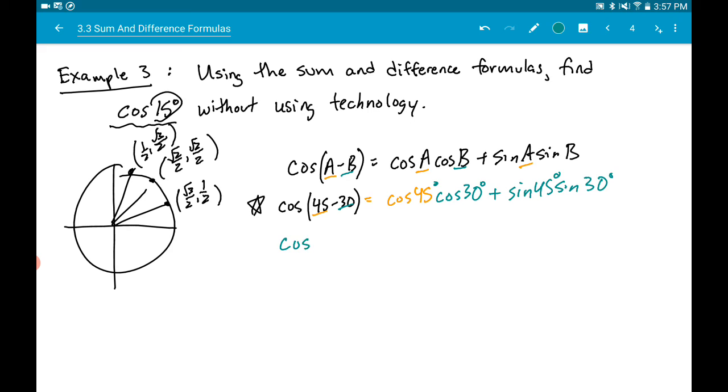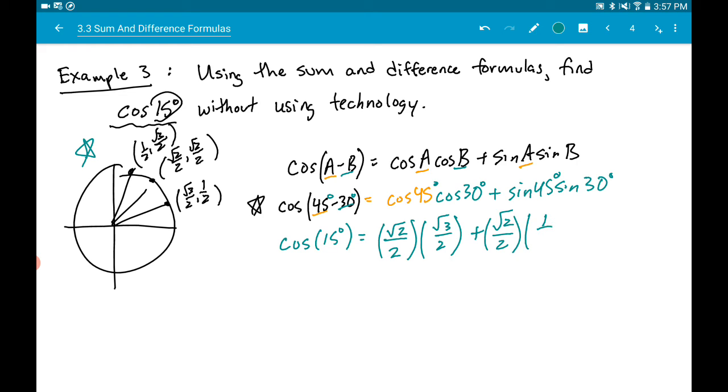And so if I wanted to find cosine of 15 degrees, because that's the goal, well, now I can use the values that I just listed over here. And so what I've got is cosine of 45, cosine of 30, plus sine of 45 times sine of 30.